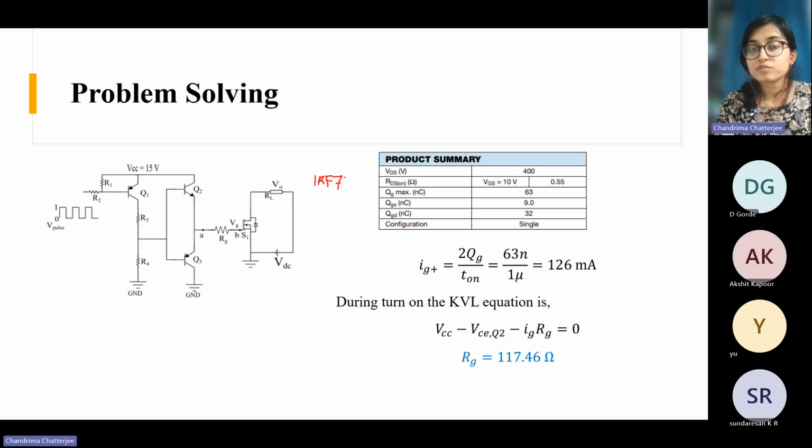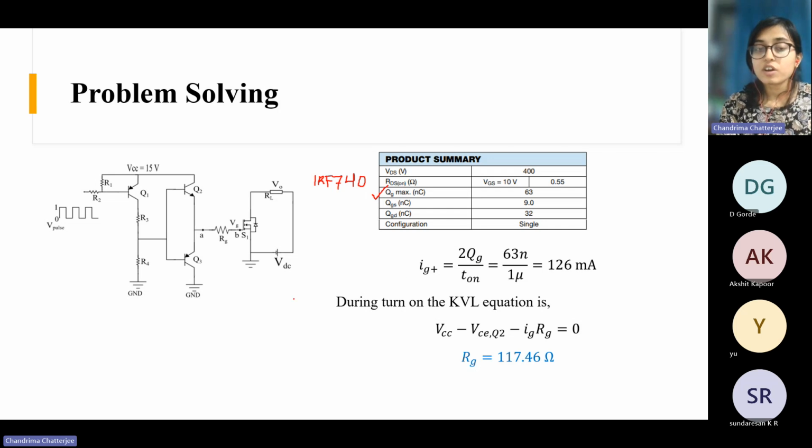But you will have to understand which data you need for a particular question. Here we need the gate charge. See here QG, this is gate charge. QG max is basically 63 nanocoulomb. This is the maximum gate charge, right?